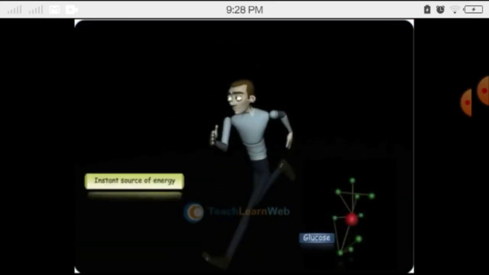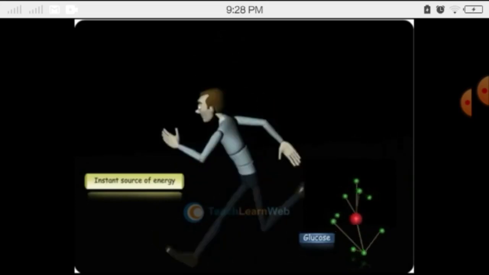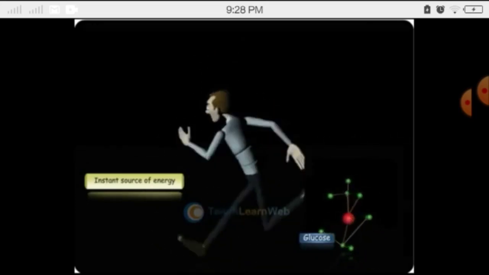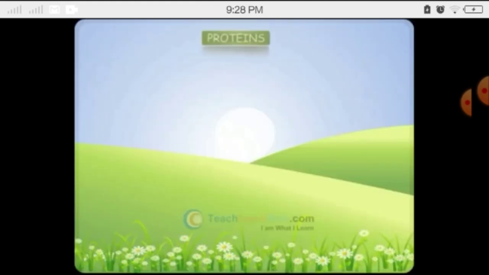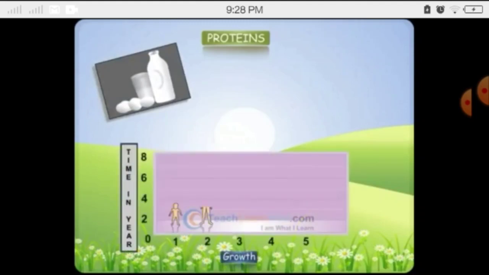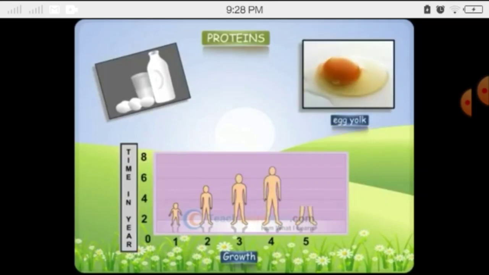Example, glucose. Proteins are the building blocks of the body. They are very helpful in growth. Example, egg yolk.